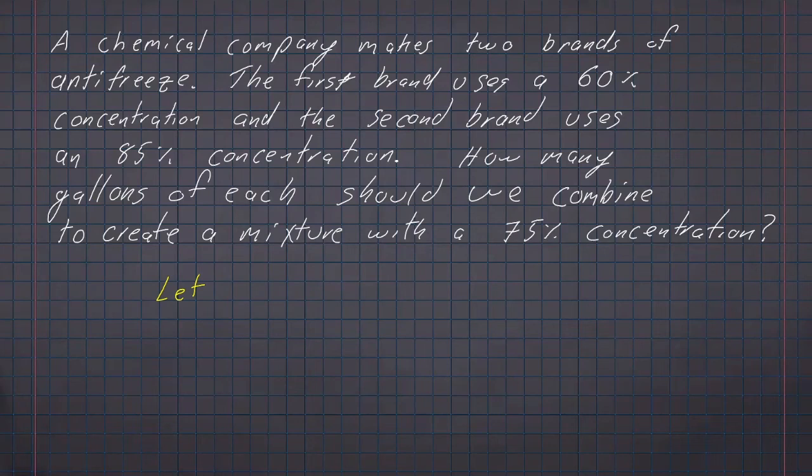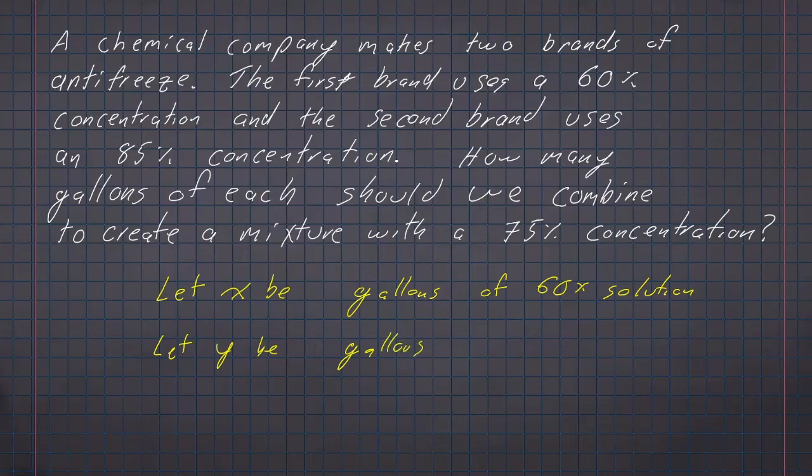So very commonly when we set up problems like this, I'm going to start by saying let X be the number of gallons of the 60% solution. And then let's let Y be the number of gallons of the 85% solution.